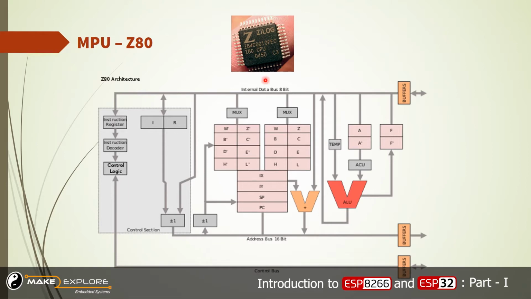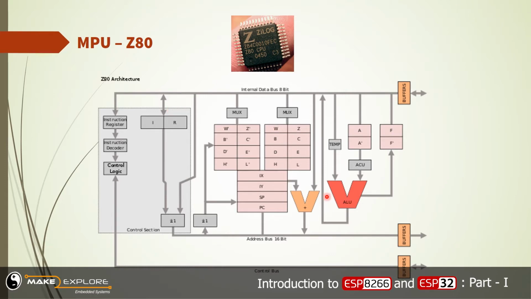This is the Zilog Z80 microprocessor. You can see its architecture here: these are all registers, this is the ALU, the arithmetic and logic unit. Here is the address control section, which has an instruction register, instruction decoder, control logic, and all the peripherals of this microprocessor.